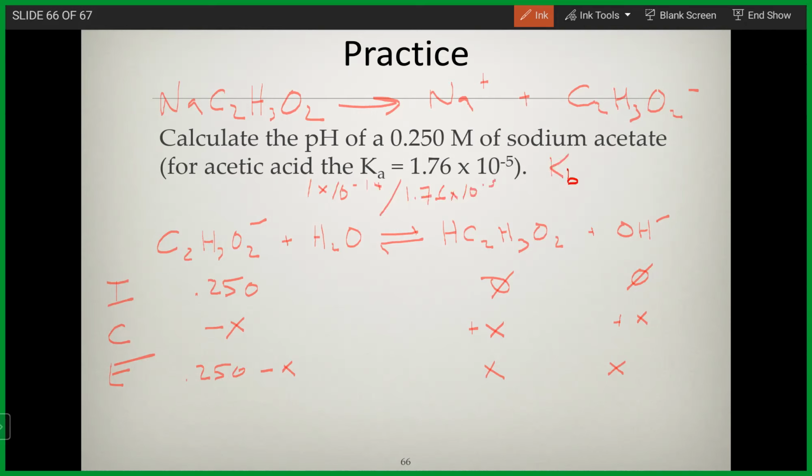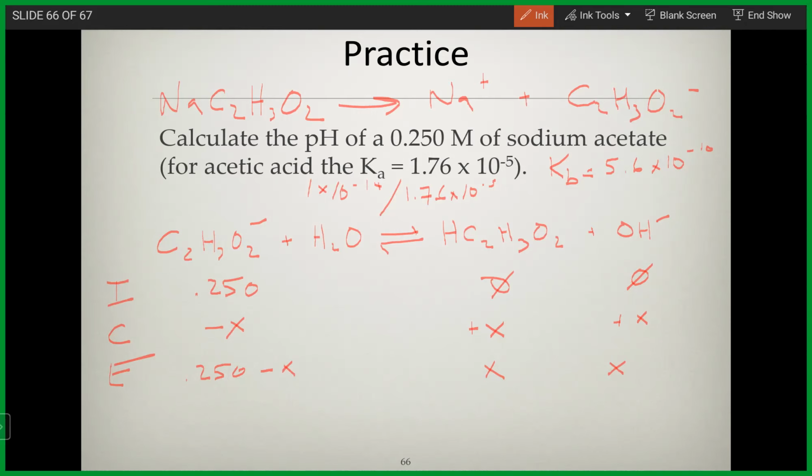And now we're going to see that Kb is going to be equal to 5.68 times 10 to the negative 10. So we're going to have a very small amount of this reaction get pushed to the right. But when we set this one up now, it's going to be the same as it has been in the past.